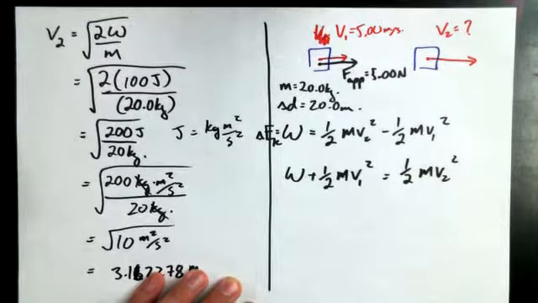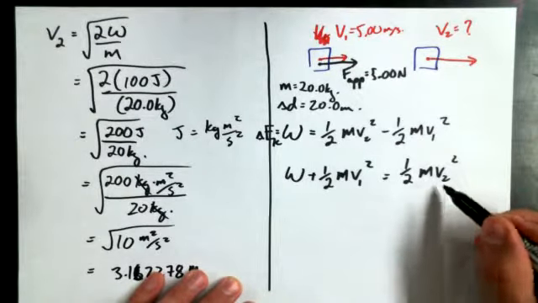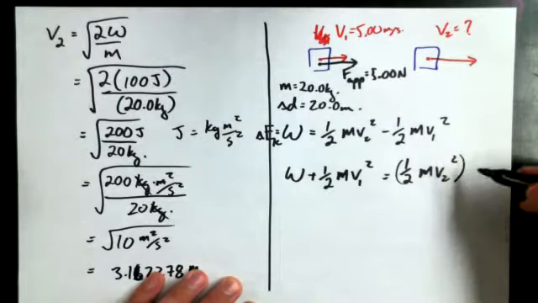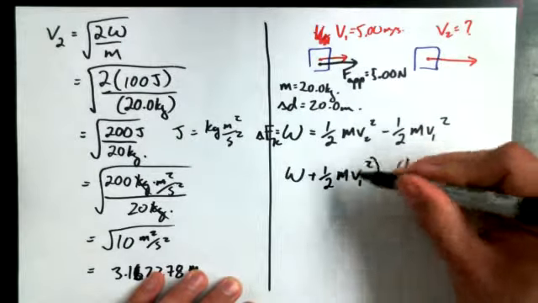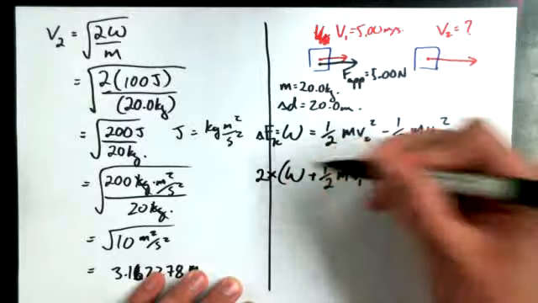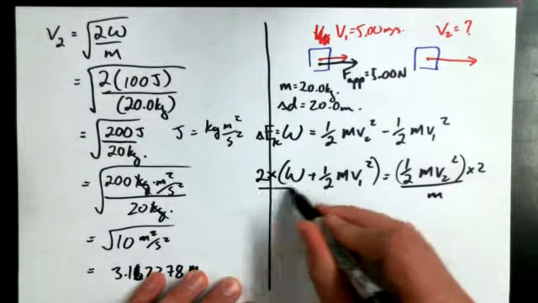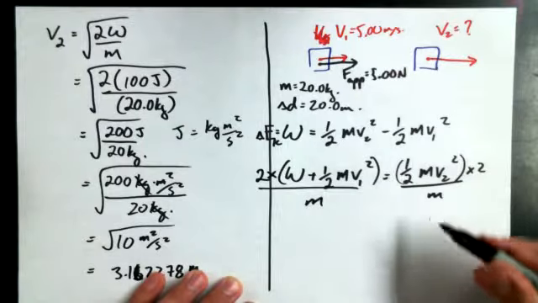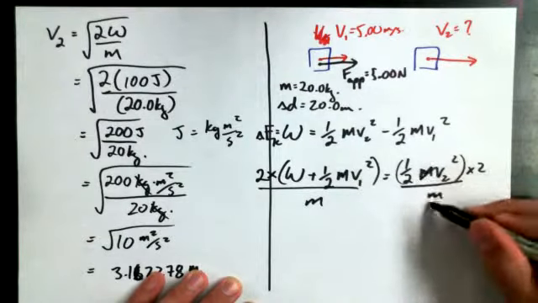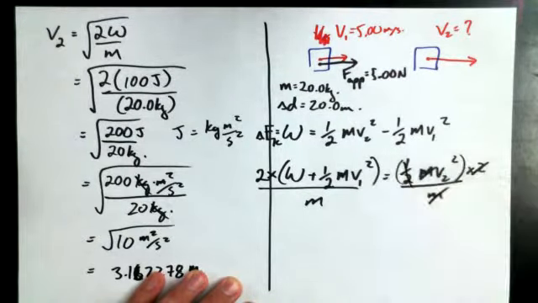So the first time we really cooked it, we made it start from rest, and that makes a lot of things simplify if you add in zero values. This is a little less cooked. If I want to get that final velocity, now I have to multiply both sides by 2. Divide both sides by m. Cancel, cancel, cancel, cancel.